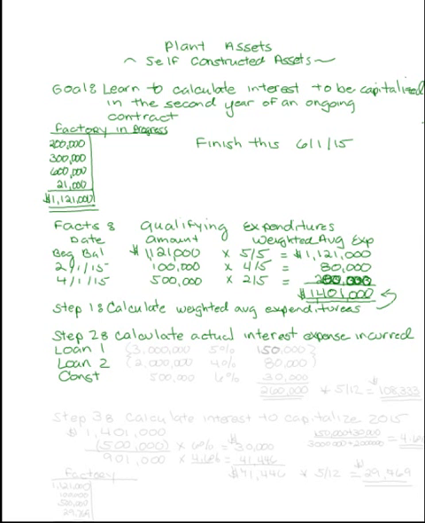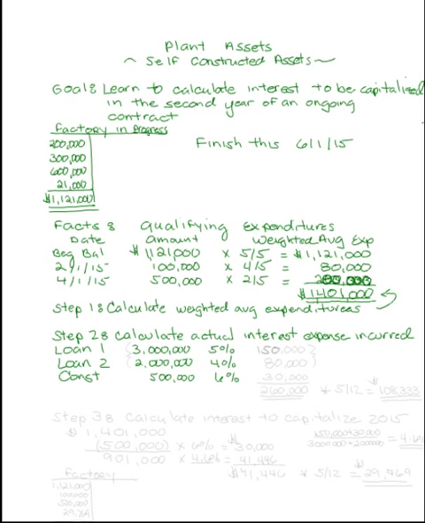Next, you need to calculate interest expense incurred. Remember, we have 3 loans, one at $3 million, another one at $2 million, and then a specific construction loan for this project in the amount of $500,000. The specific interest rates for each of these was on the $3 million loan, 5%, and on the $2 million loan, 4%, and on our construction loan, 6%.